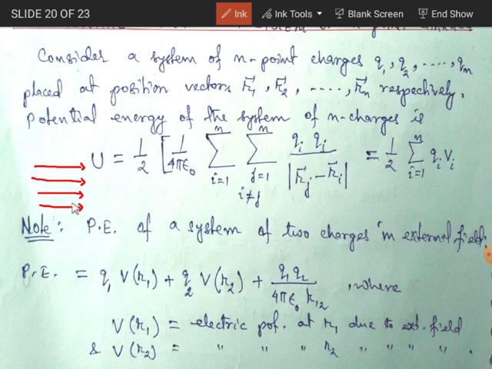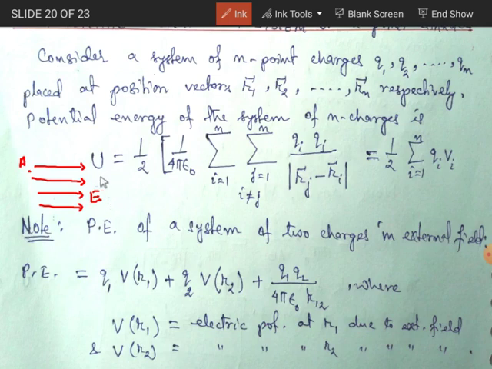So let's take it that there is an external electric field here like this, and that this is point A. Think that this external field is distributed somewhere here, with the electric field all in this way, parallel.